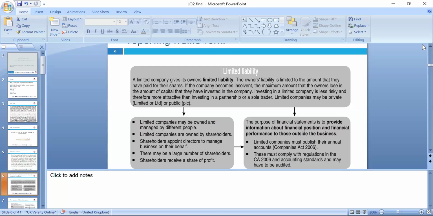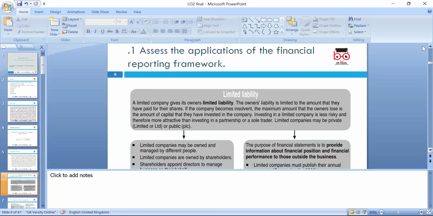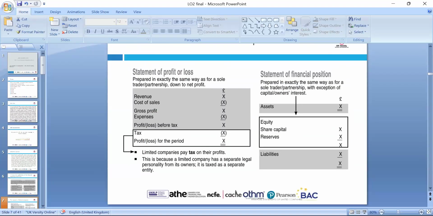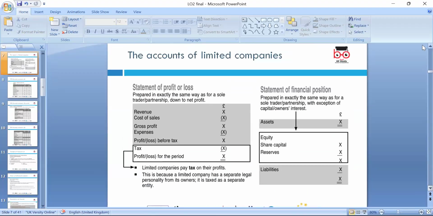Then we can assess the application of the financial reporting framework, and look at different businesses. If you want to set up the financial statements according to IAS 1, International Accounting Standard 1, we have a few headings, a standardized, harmonized system of accounting and reporting throughout the world.